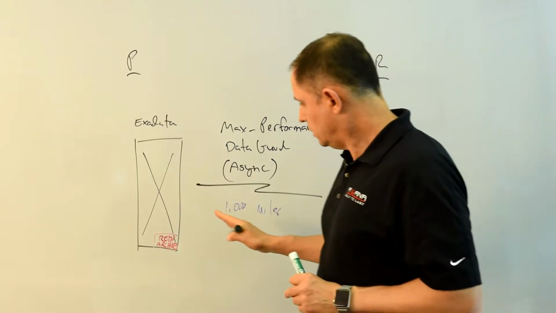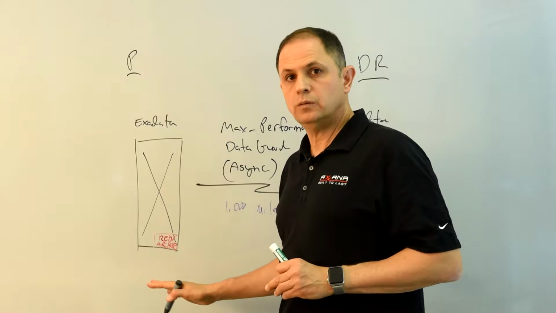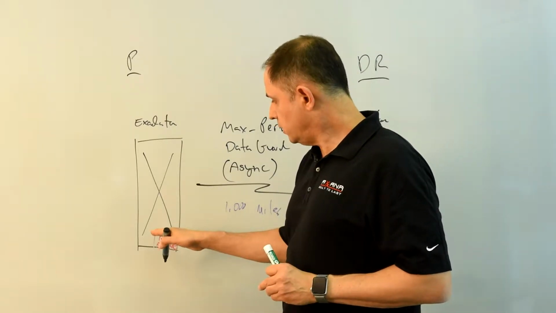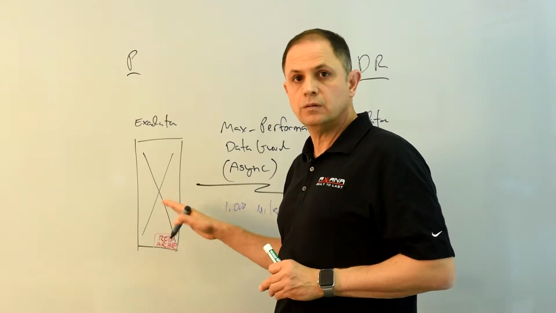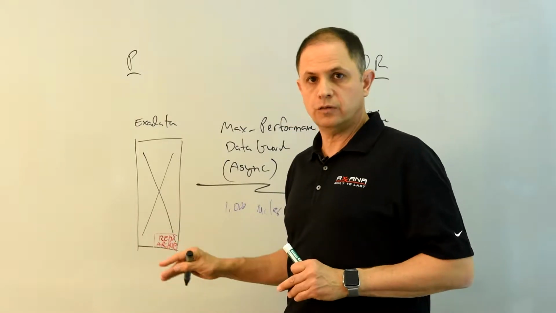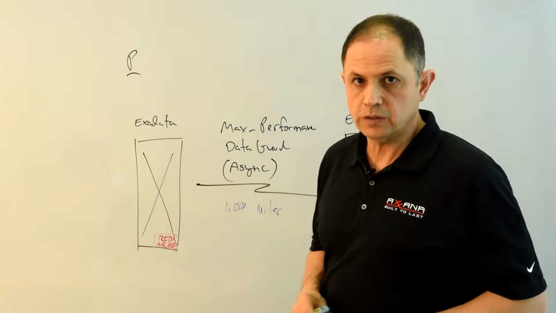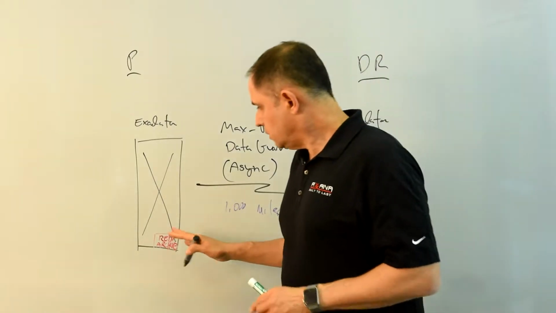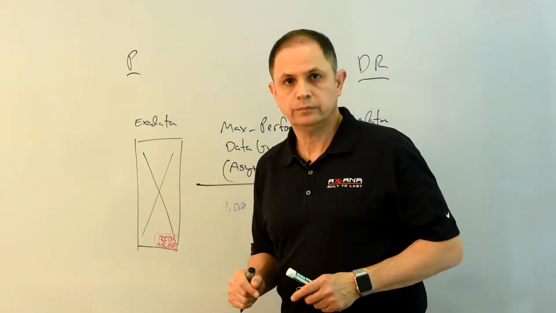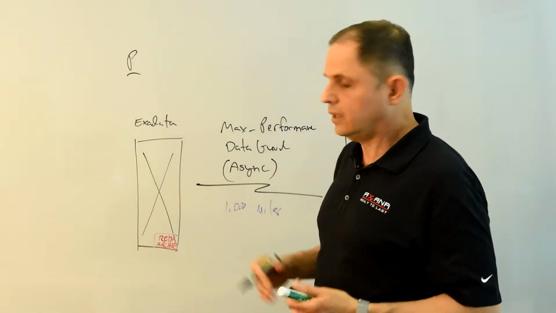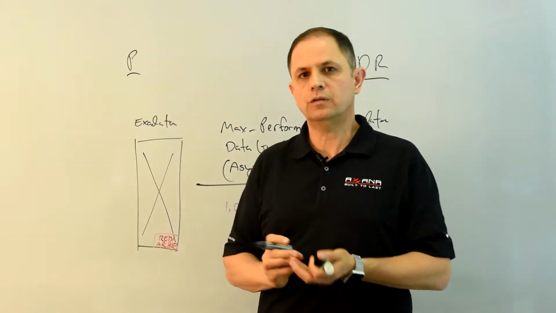Now, the Oracle database will always have the latest last mile transactions inside the redo logs, the online logs, and the archive files. These transactions are unsafe because when you have a disaster, we have a power failure across the data center.